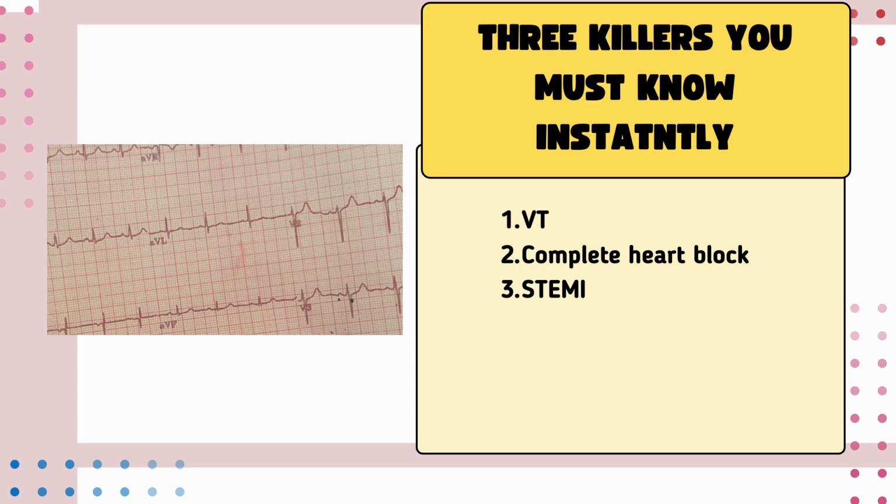Now, the other thing you need to know is your ST elevation. Is there ST elevation or ST depression? Because in any sick patient, especially when they have chest pain, but sometimes they don't even have chest pain, they complain of abdominal pain, they complain of shortness of breath, or they're just unwell, you need to make sure that they don't have an MI.